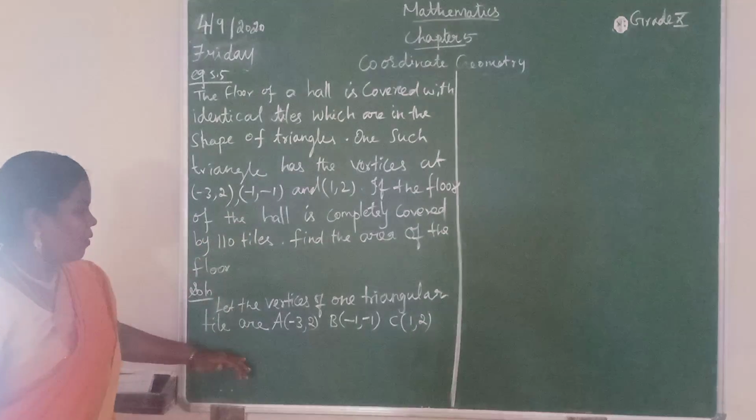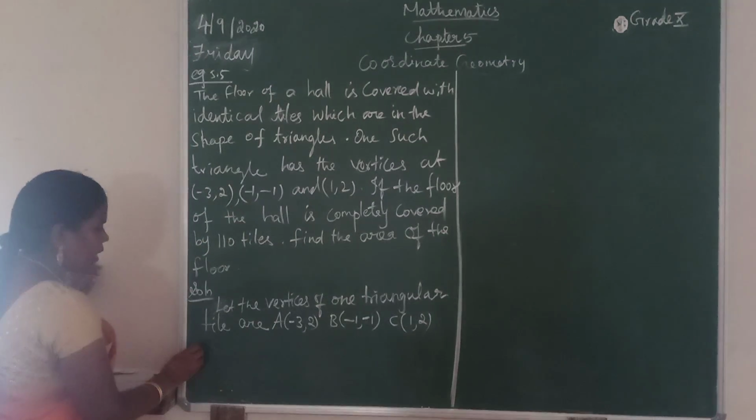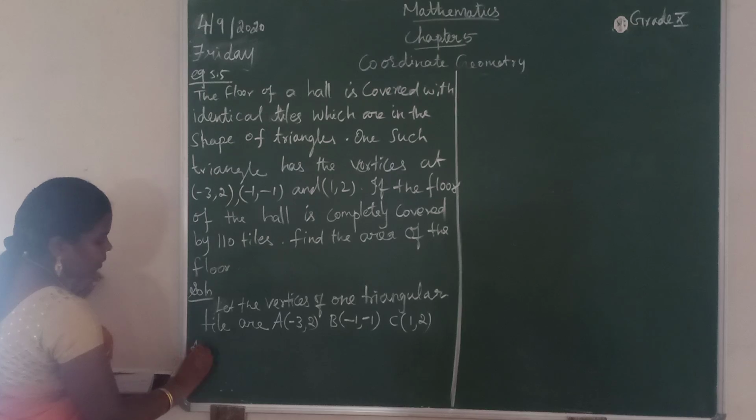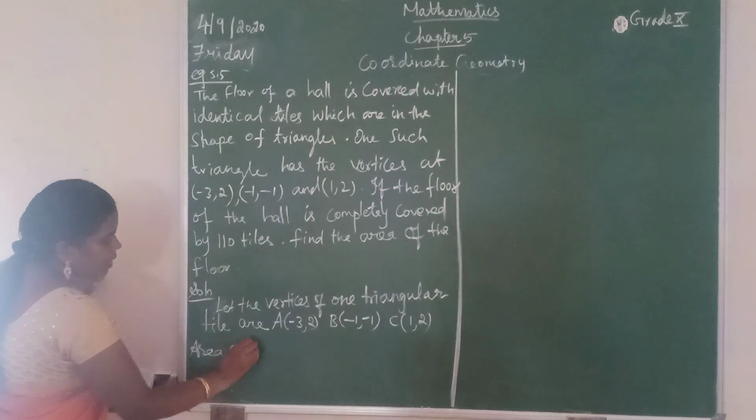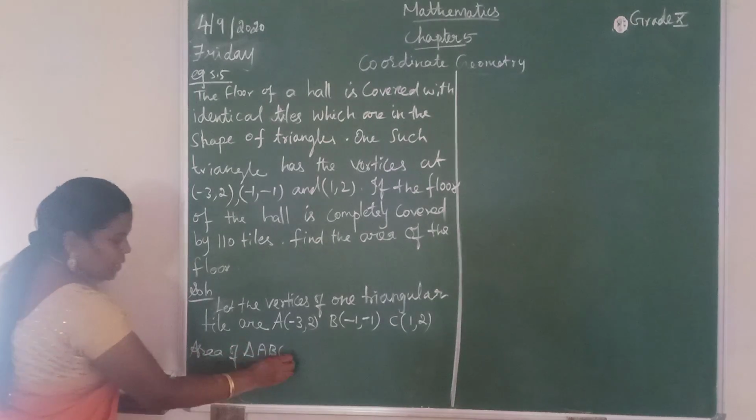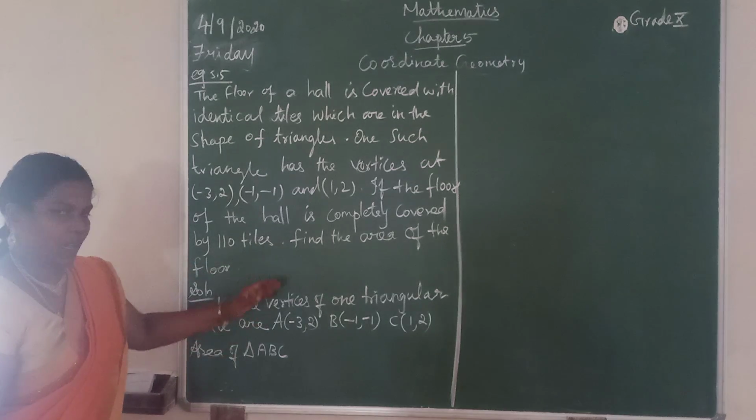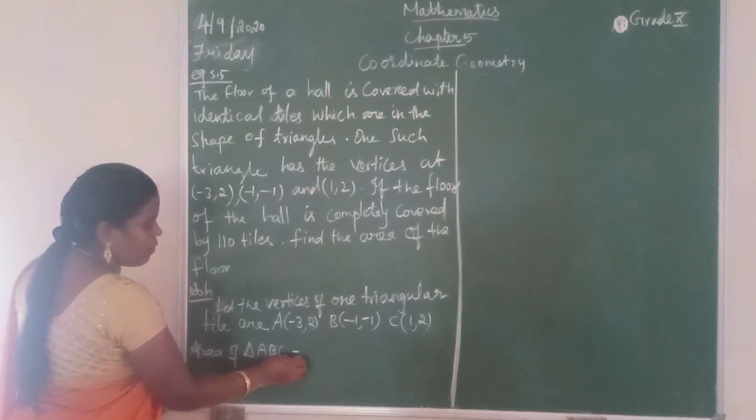Let us find the area of triangle ABC. Area of triangle ABC means area of one triangular tile, is equal to the formula, right?